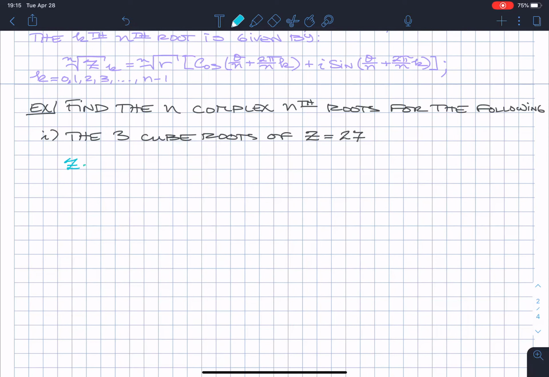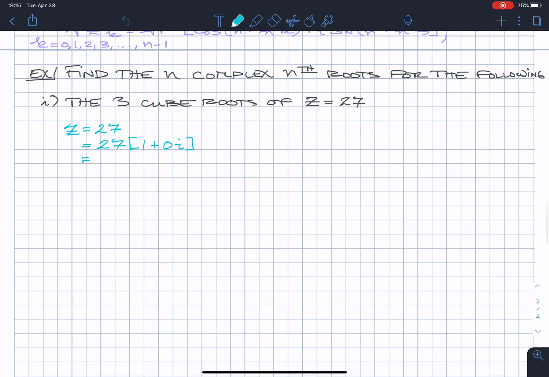So we have z is 27. So I'm going to write this as 27 times the quantity 1 plus 0 times i, because there's no i there. But when I write it this way, cosine of what is 1 and sine of what is 0?